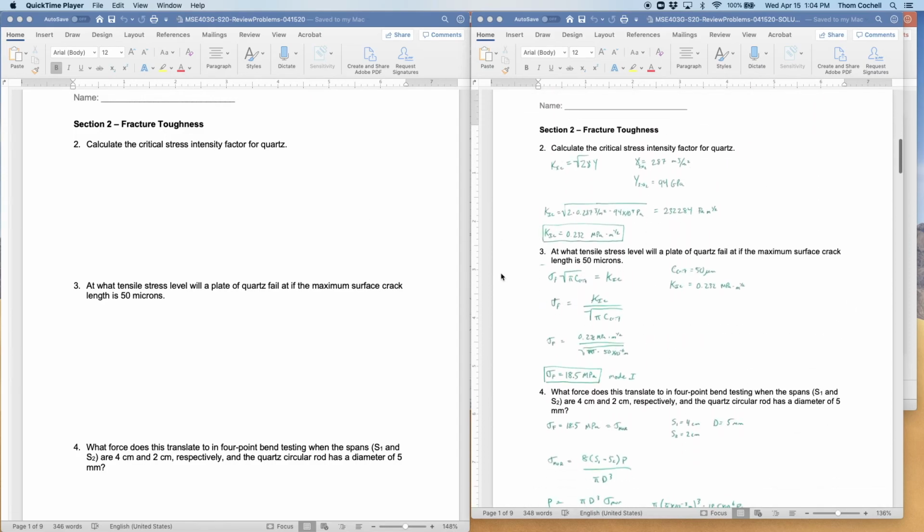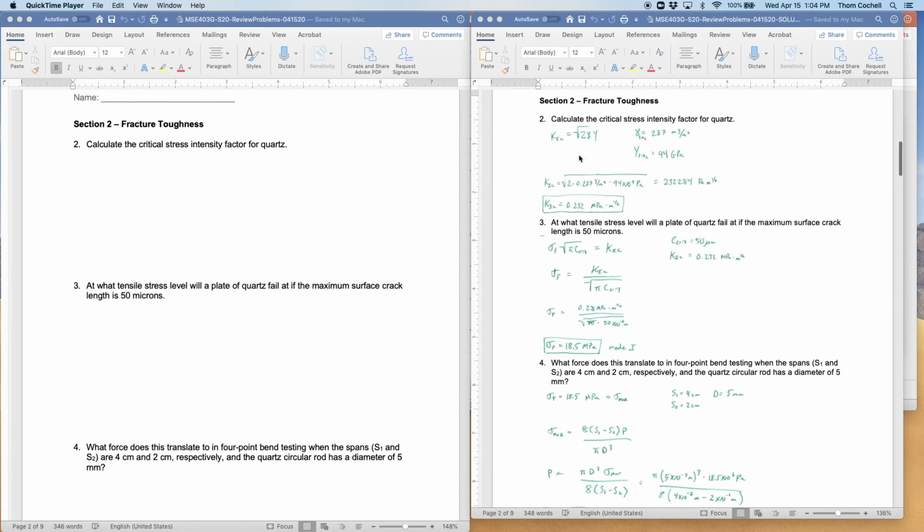If we go to the solutions here, you'll see that I've given you the equation, the K1C formula, which is dependent on the capital Y, which we know to be Young's modulus, and then the surface energy. In these cases, we can look up these values if they're not given in the book.